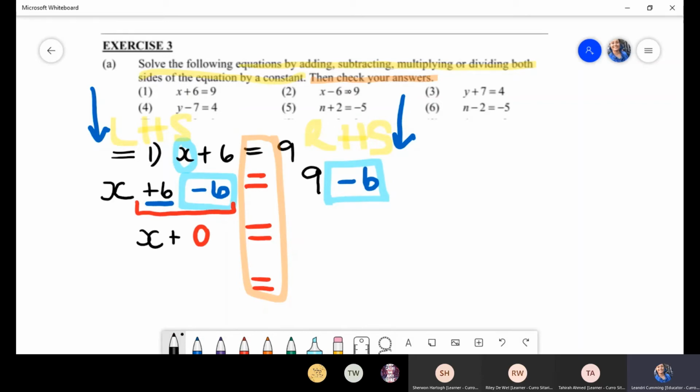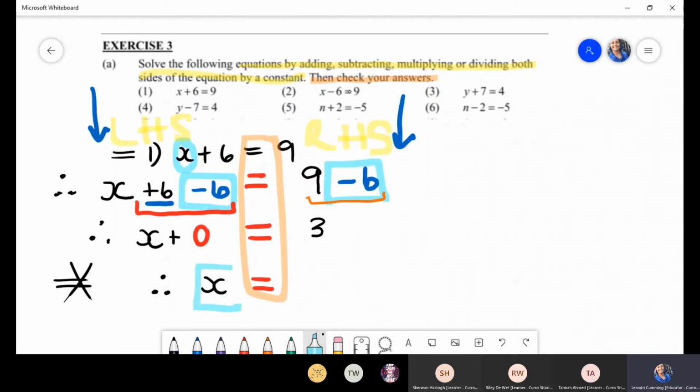Nothing is now affecting x anymore, but what do I get from 9 minus 6? The answer is 3. And you may start using your therefore sign in your margin, not an equal sign, please, because you cannot have equals here and equals there. That will be incorrect. So what we want is a therefore sign.